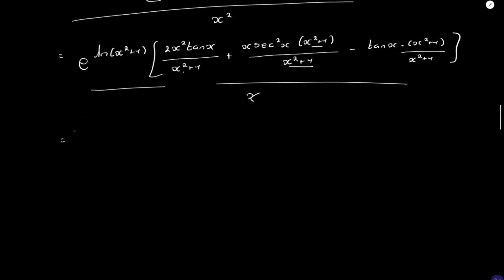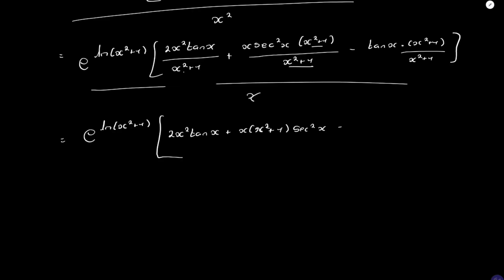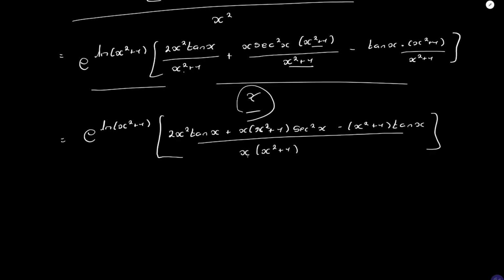This then simplifies to e to the ln of x squared plus 1 in braces 2x squared tan x plus x squared plus 1 sec squared x minus x squared plus 1 tan x, all divided by x, first of all, and x squared plus 1. This x comes from this term here.